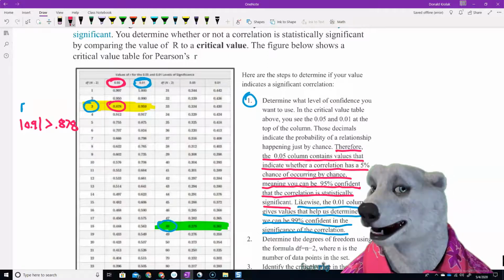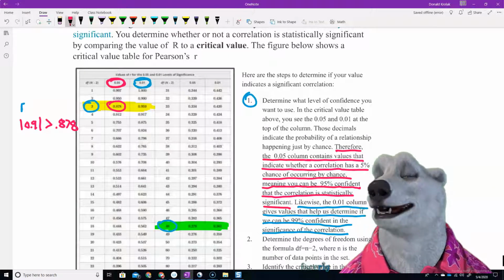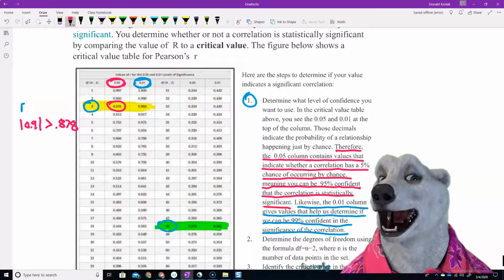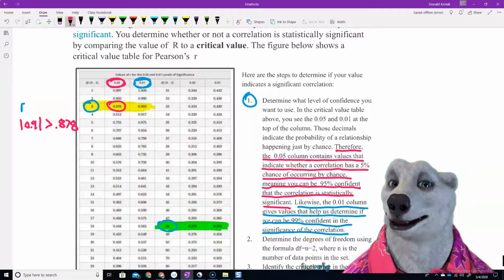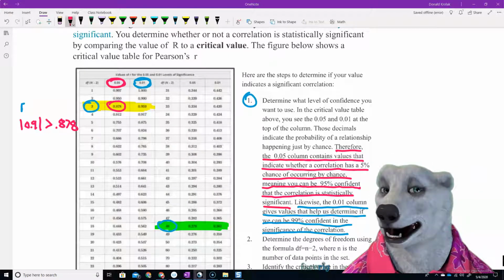Yep, 0.9 is larger. So it is okay to make predictions using that data. So it's okay to use that.